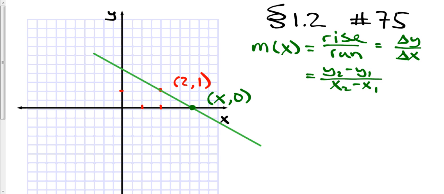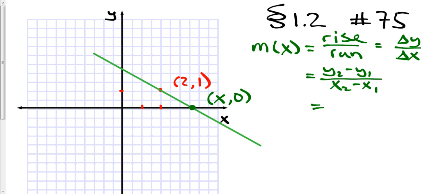Okay. And I got 2 points. Which one do I want to be x1, y1, and which one do I want to be x2, y2? Jeff, you've been helpful. Which one do you want to be x1, y1? x0 is going to be x1, y1. Okay.